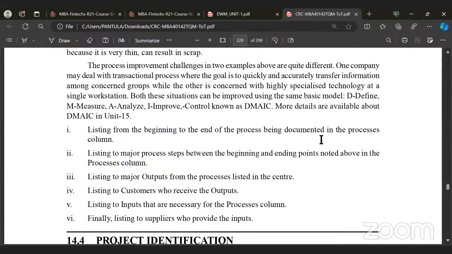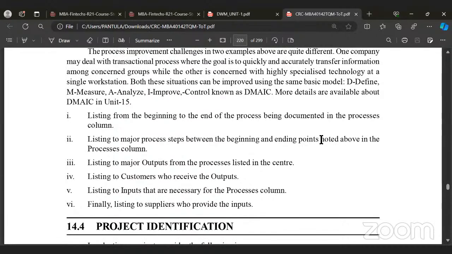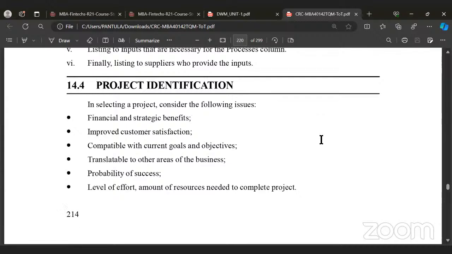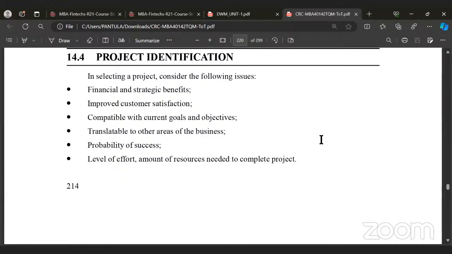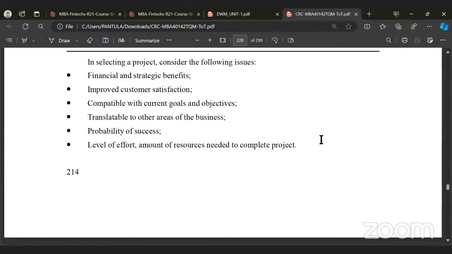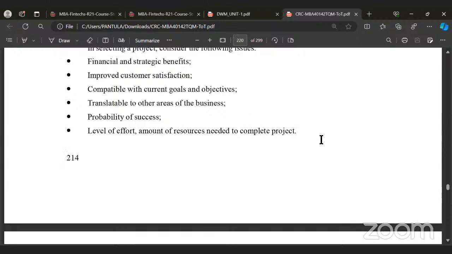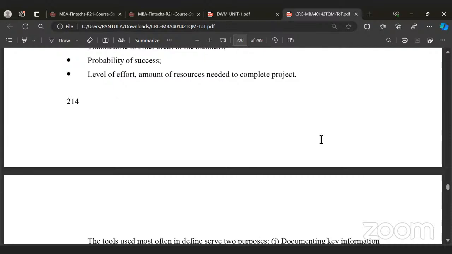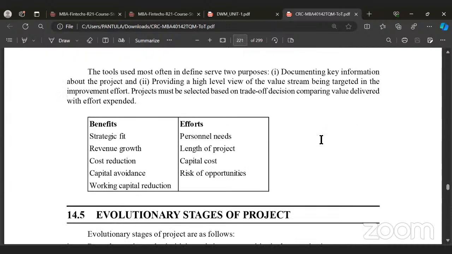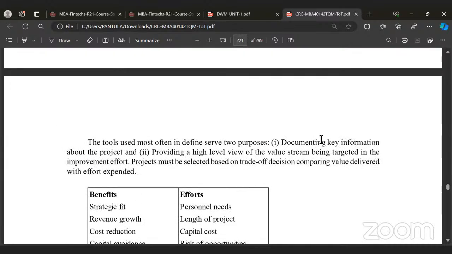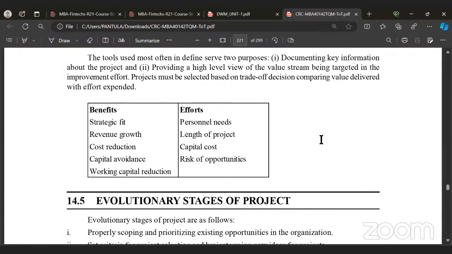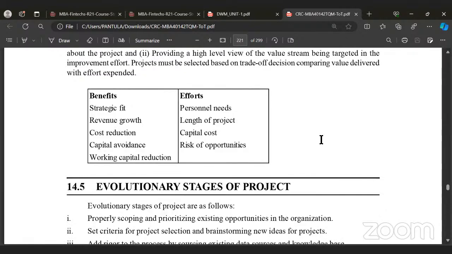Now, already we have seen define, measure, analyze, improve, and control. So DMAIC. Next, project identification: financial and strategic benefit, improved customer satisfaction, capable with the current goals and objectives, translatable to other areas, and probability of success. Then benefits, strategic fit, revenue growth, cost reduction, and capital avoidance.